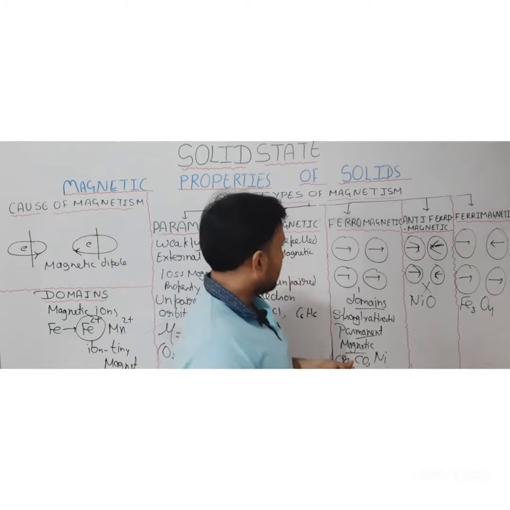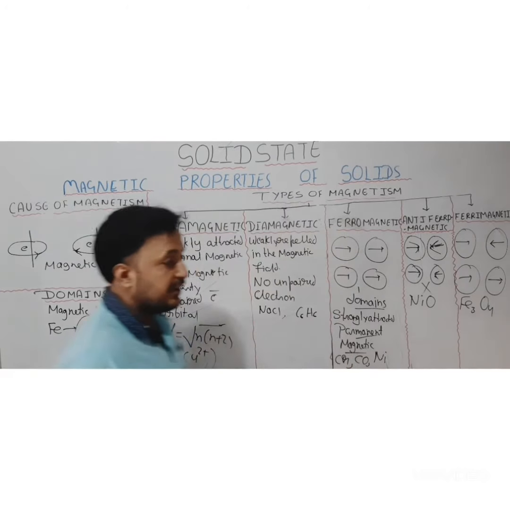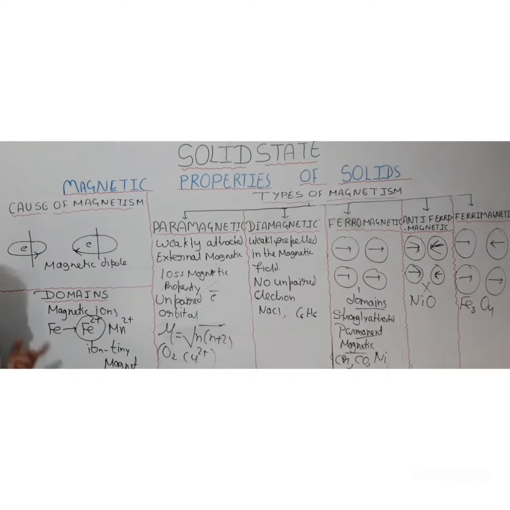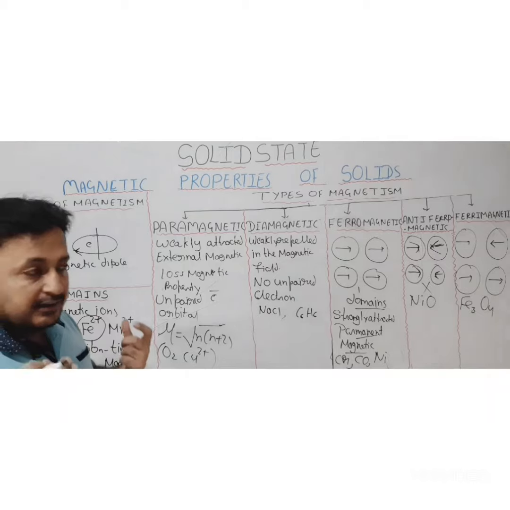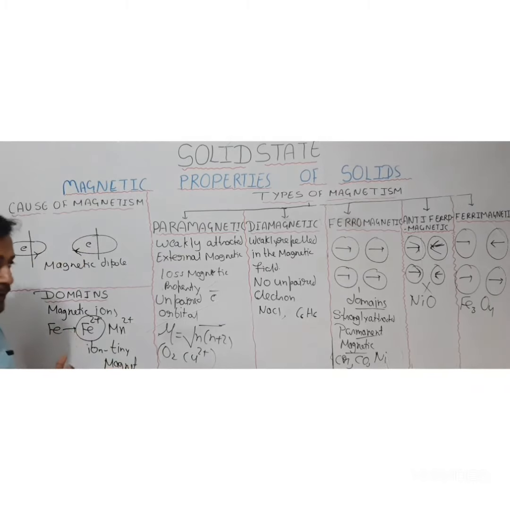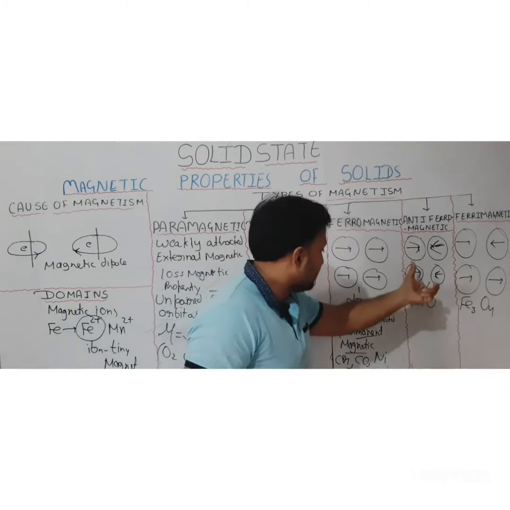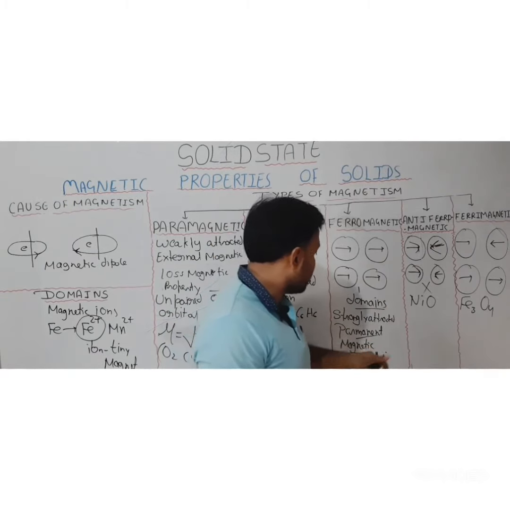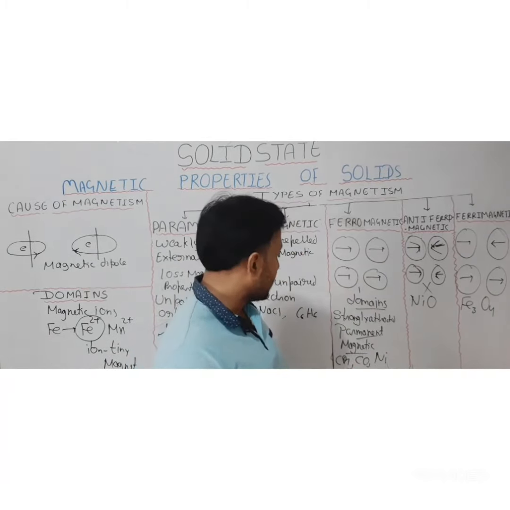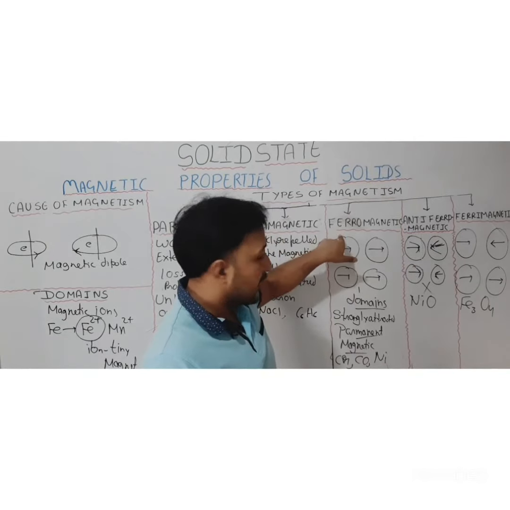Now ferromagnetic substances, basically the transition metals we are talking about, have metal ions existing as tiny magnets, and they are known as domains. If their domains are in the same direction as the magnetic field, then they are strongly attracted in the magnetic field and may become permanent magnets, and they are known as ferromagnetic.